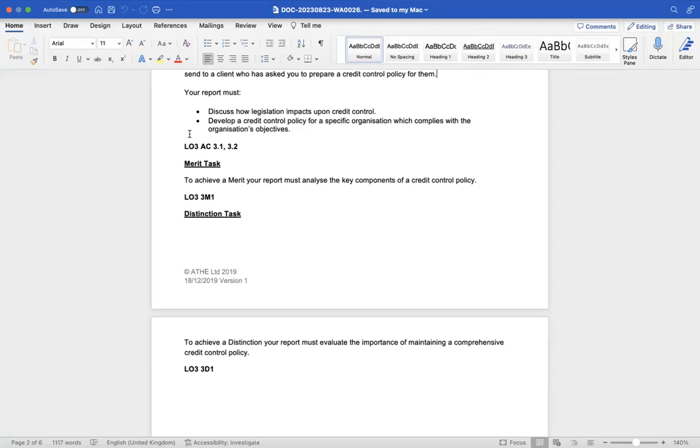Your assignment will be assessed based on the demonstration of knowledge and understanding of financial and accounting concepts in a business context. Then clarity and coherence of the assignment, structure and content.